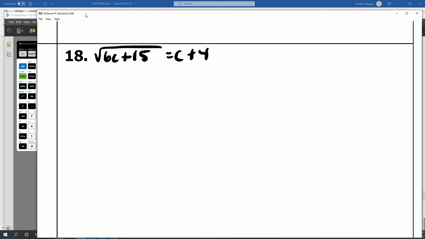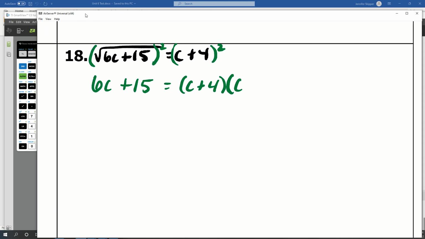Okay, now this one is almost identical to the one we just did. So we would go ahead and square both sides. On the left, no big deal. The square just gets rid of the square root. On the right, we actually need to multiply c plus 4 times c plus 4.